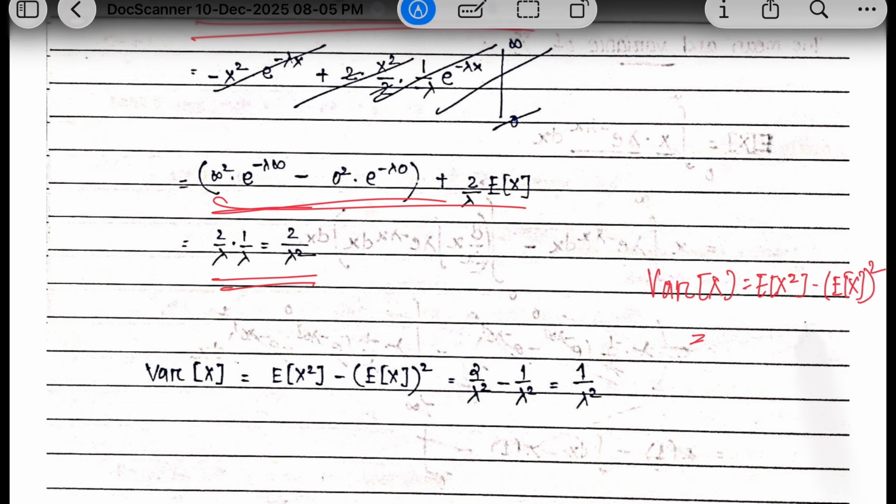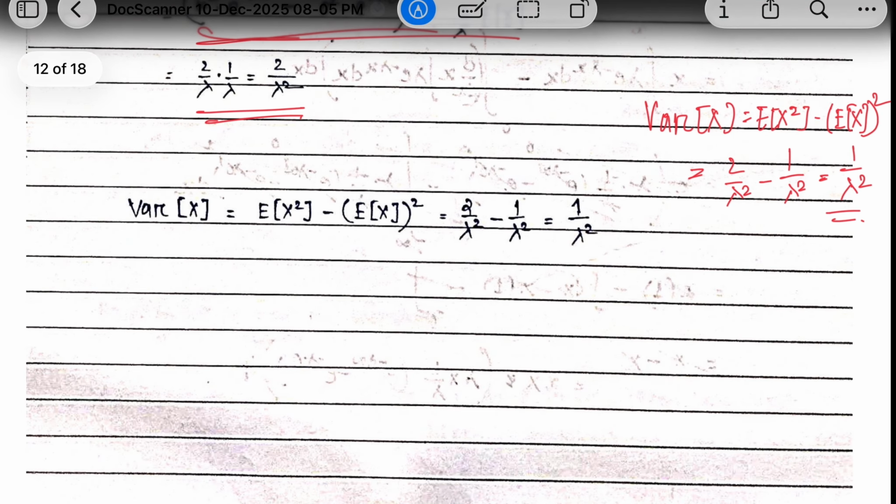So we got the value of E of x square as 2 by lambda square, and the square of the expectation is 1 by lambda square. Variance is 1 by lambda square and the expectation is 1 by lambda.